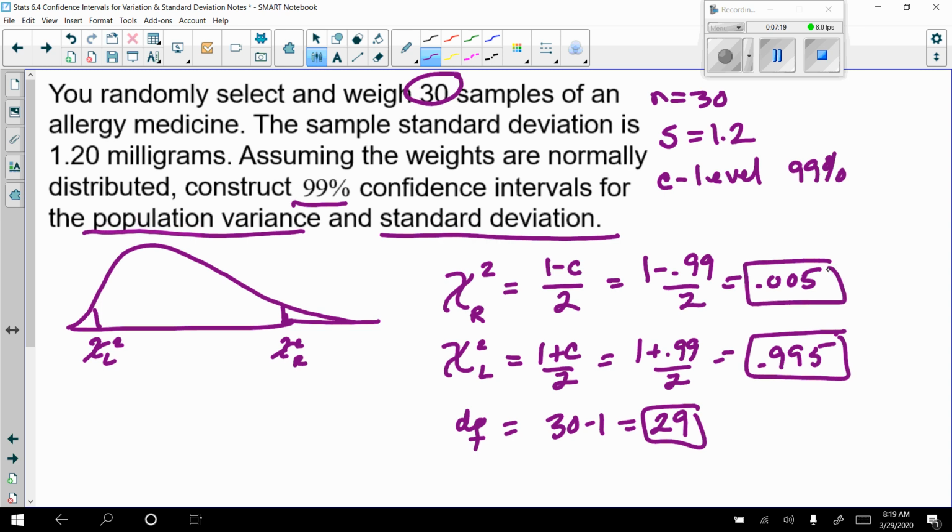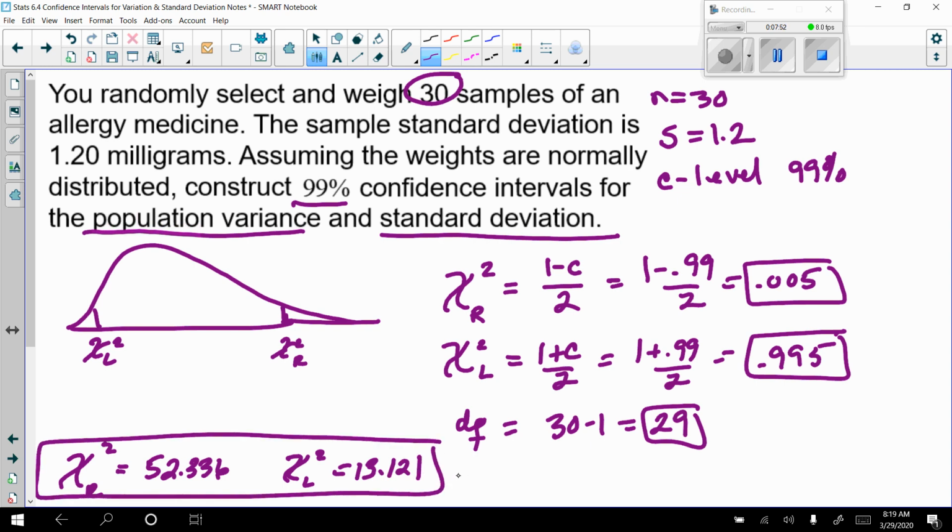So now using my chi-square left point and my chi-square right point and my degrees of freedom, I can find my critical values. So my chi-square critical value to the right is going to be 52.336 from the table, and my chi-square critical value from the left is going to be 13.121. Those are from the tables in the back of your book.